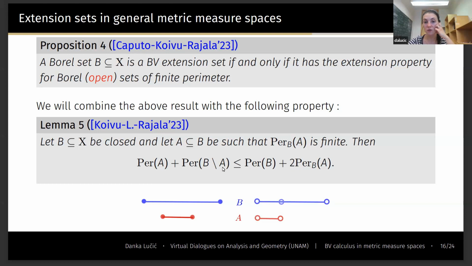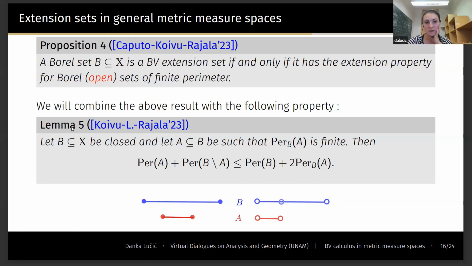Perimeter of the set B minus A is again 2, so you have 4 on this side. Perimeter of the set B in the whole space is 2 as well, but the perimeter of the set A in B is 0. So you have 4 less or equal than 2, which is false.